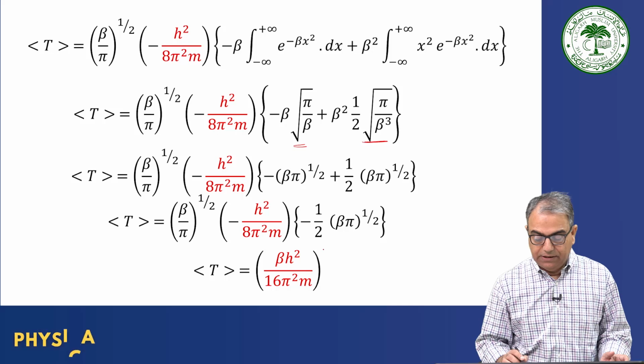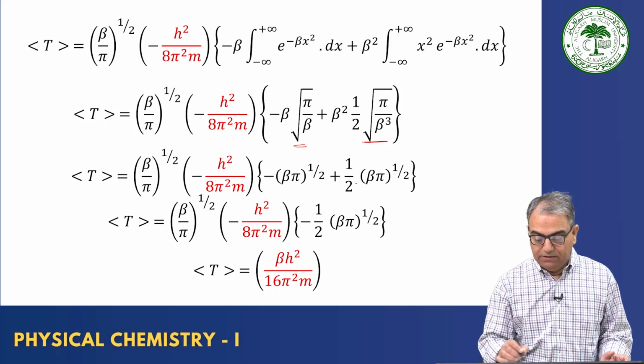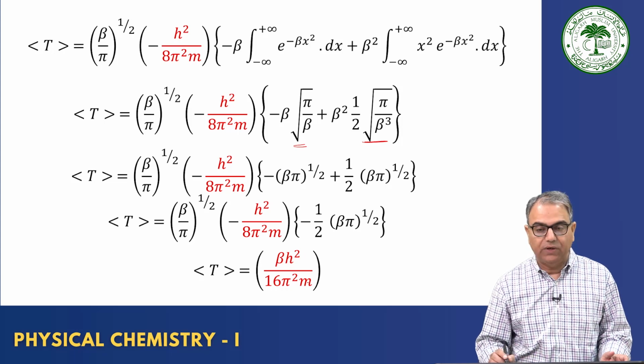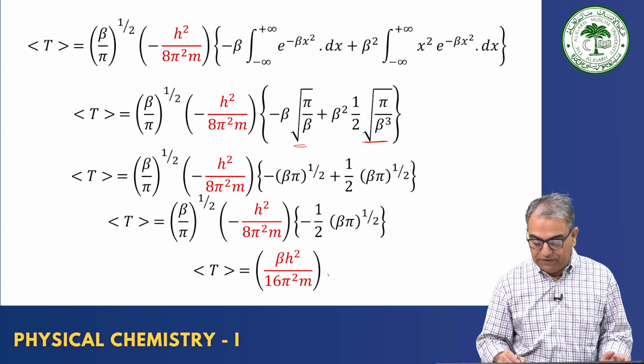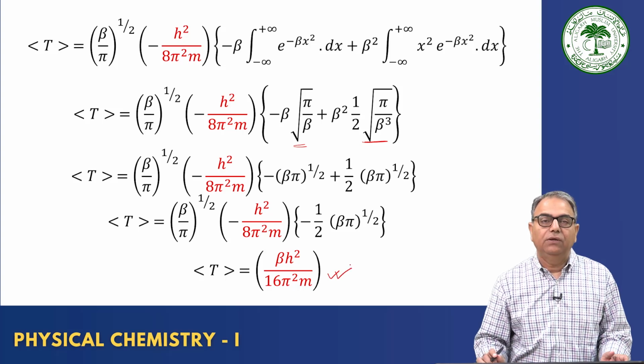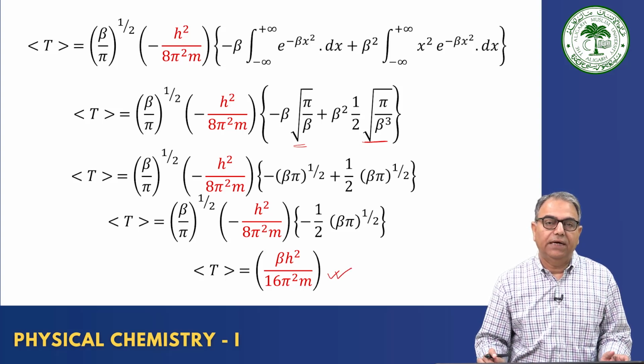Using these relationships and doing the simple derivations, what you find is kinetic energy is beta h square divided by 16 pi square m. So the average value of kinetic energy we can obtain using the operators for kinetic energy.